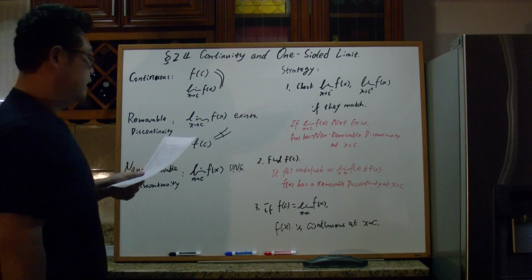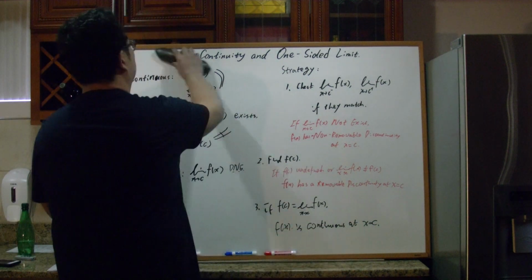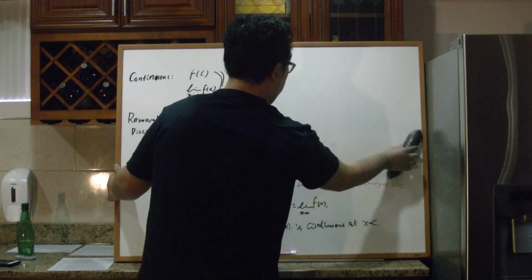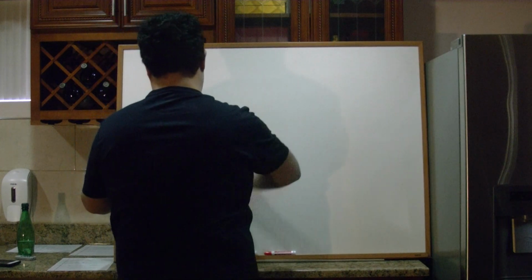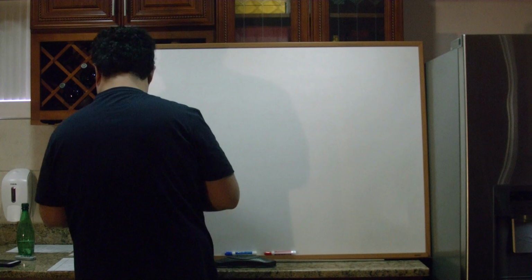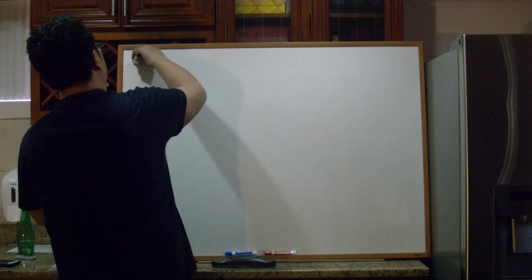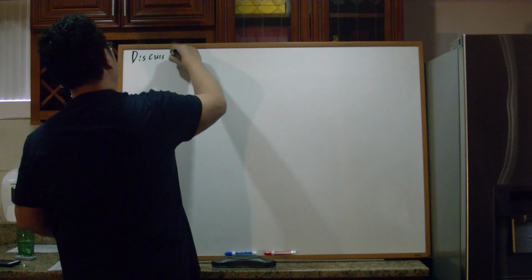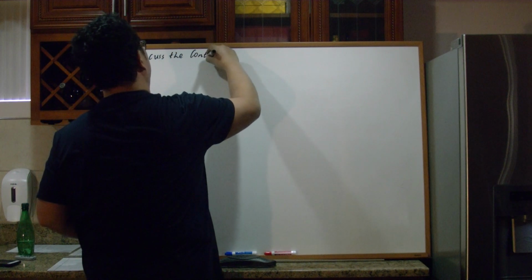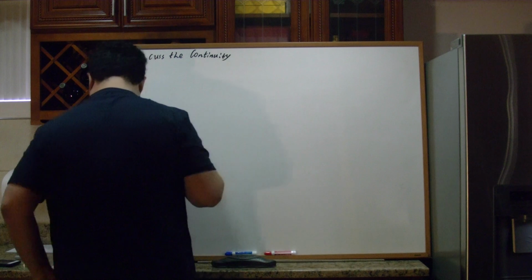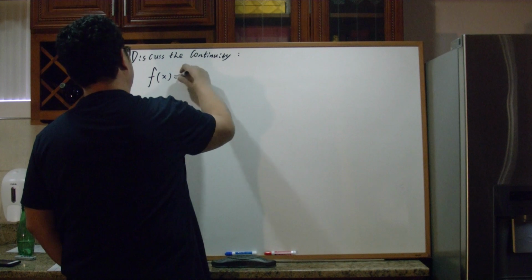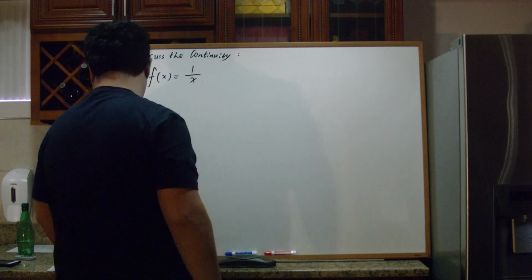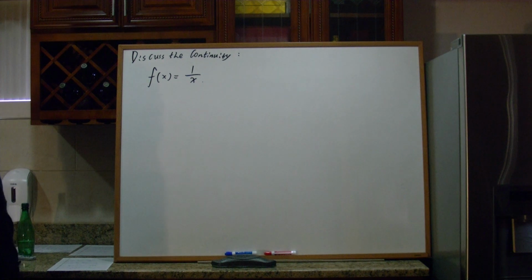So let's see the question to discuss. Here is a rational function, f of x equals 1 over x.